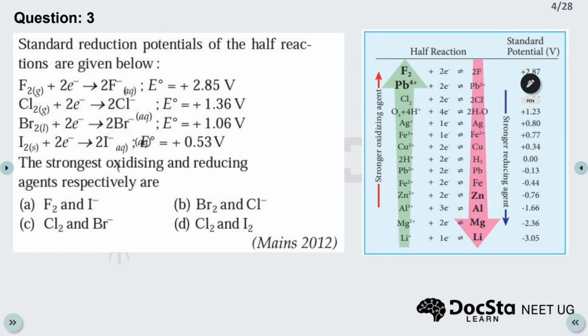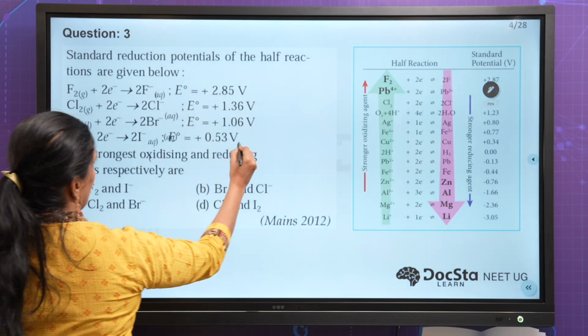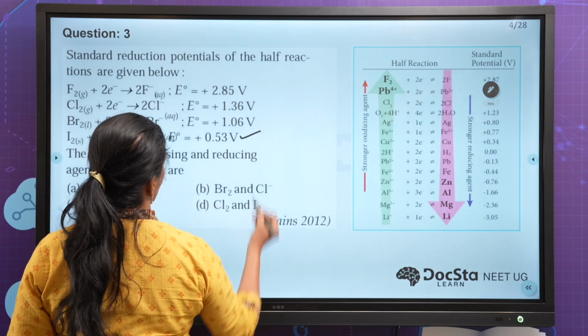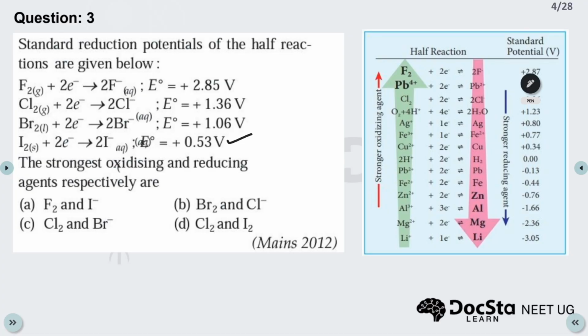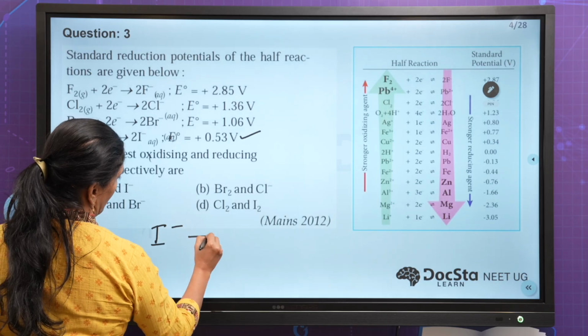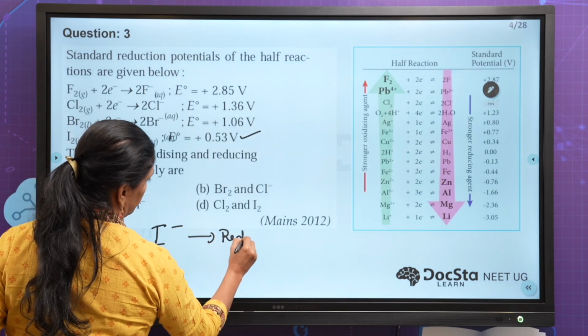അപ്പോൾ ഇത് കമ്പയർ ചെയ്യുമ്പോൾ നമുക്കറിയാം I മൈനസിൻ്റെ വാല്യൂ, see here it is 0.53, which is the lowest. ഈ തന്നിരിക്കുന്ന ഓരോ ഓപ്ഷൻസിലും ഏറ്റവും ലോവസ്റ്റ് അയോഡീൻ ആണ്. So it is the strongest reducing agent. So I minus is the strongest reducing agent.